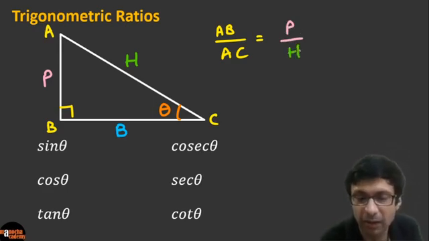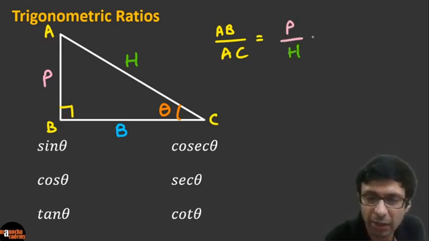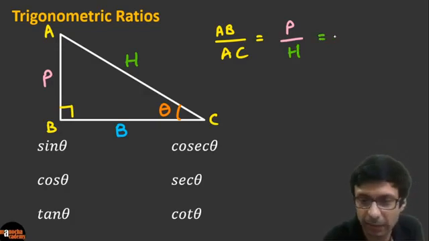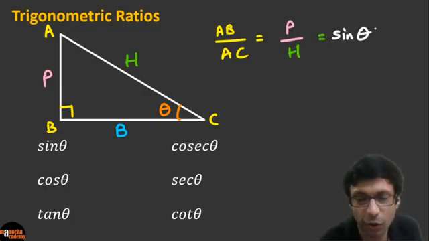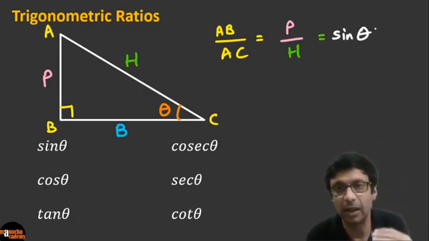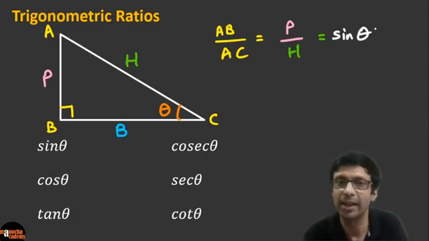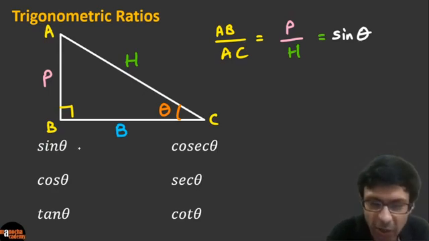So this trigonometric ratio is known as sine theta. Okay guys, so do you know sine theta is the ratio of perpendicular by hypotenuse. This is how it's defined. So let's write that down here. So sine theta is basically AB by AC, which according to our notation is perpendicular by hypotenuse.